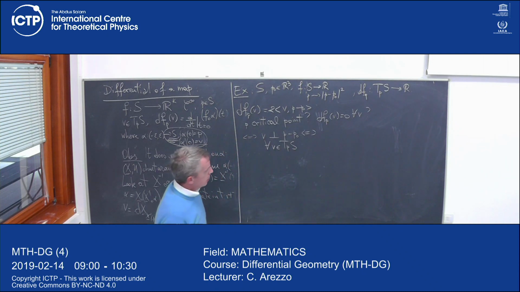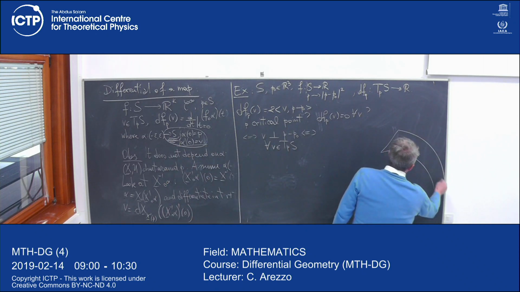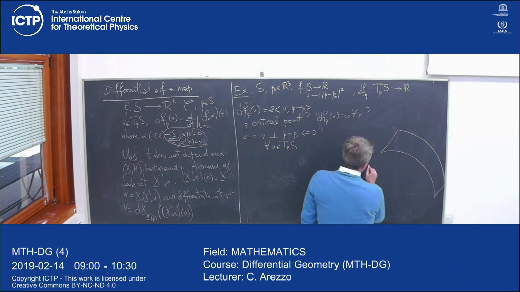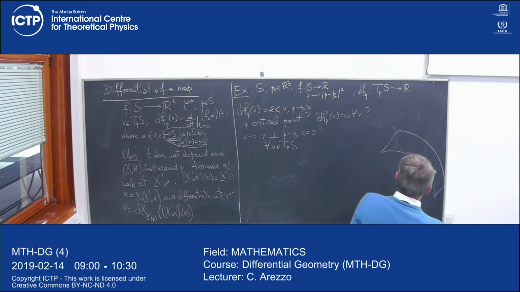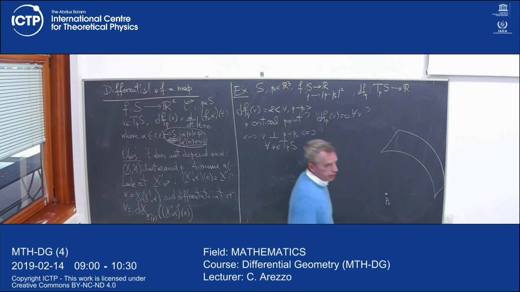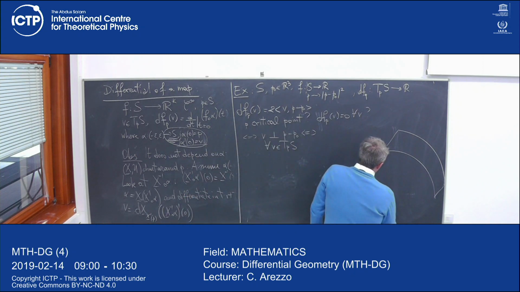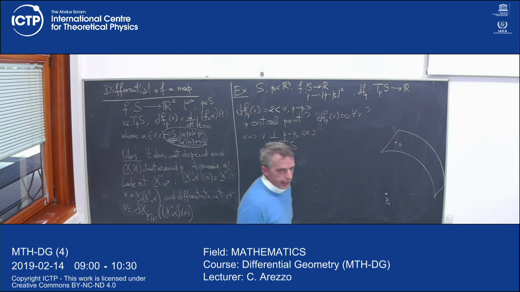Okay? So, can you imagine a little bit geometrically what's going on? I mean, you have your surface, you have a point, and you are measuring the distance squared from this point. Now, so question, could this P be a critical point for this function?